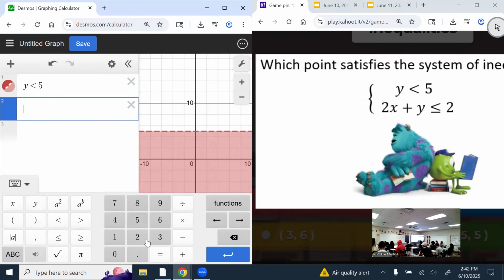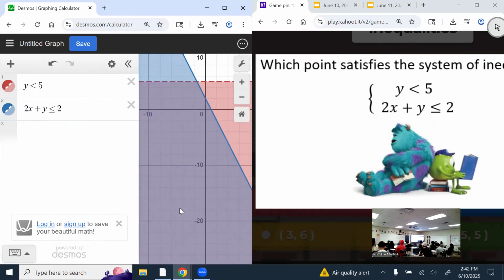In the other one, type the other. And the buttons are easily accessible, like they're not hidden from you. You don't even have to put it into slope-intercept form if you're using technology. You can just do it exactly how they give it to you. And then you know anything in this overlapping shaded area is your answer.